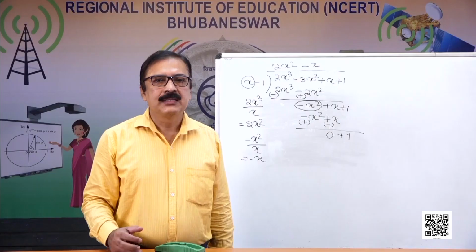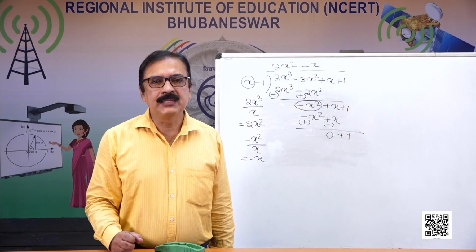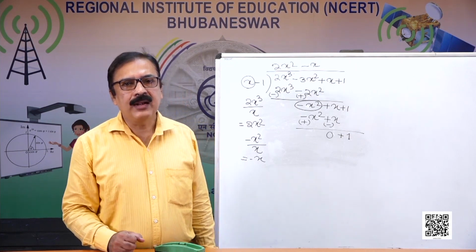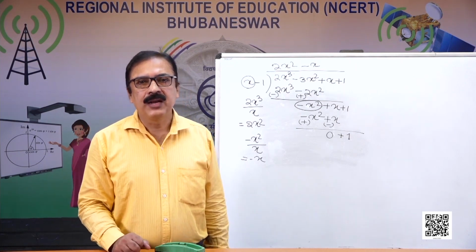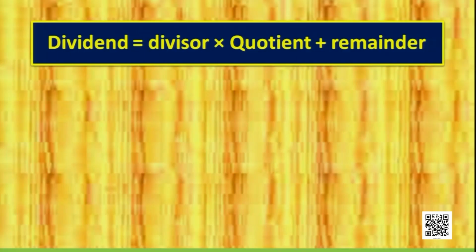So let's generalize it. Dividend is equal to divisor into quotient plus remainder.